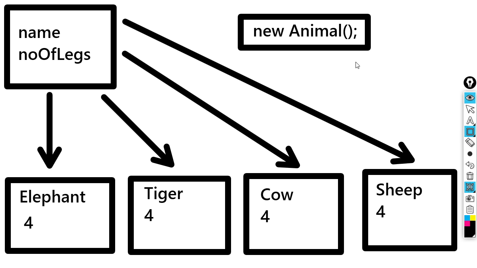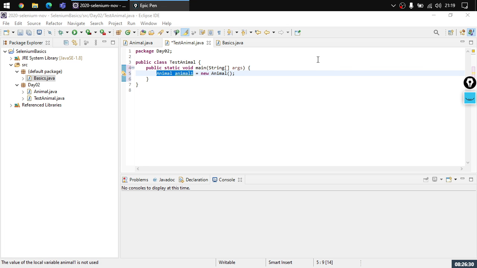This means that if I write this line, say Animal A1 equals to new Animal, A1 will be having the object. Now here I can deal with it. How we can deal with it? Let us just see that.